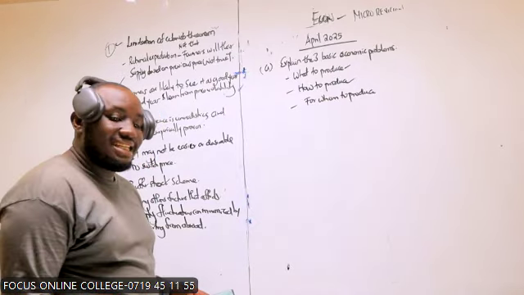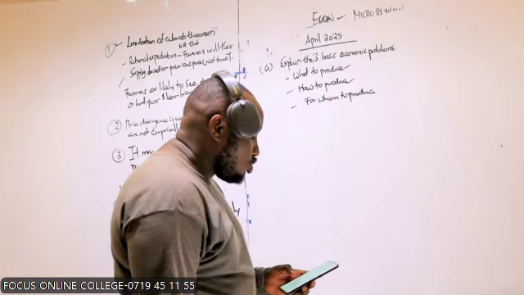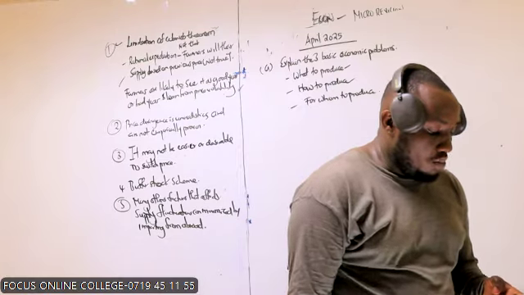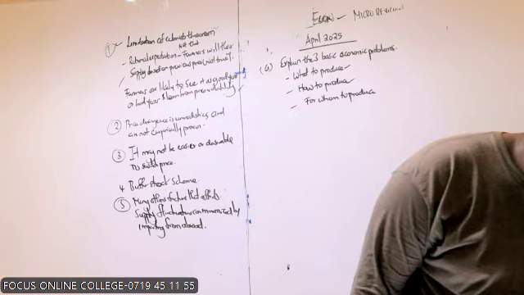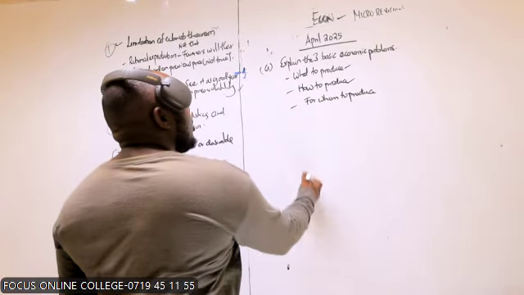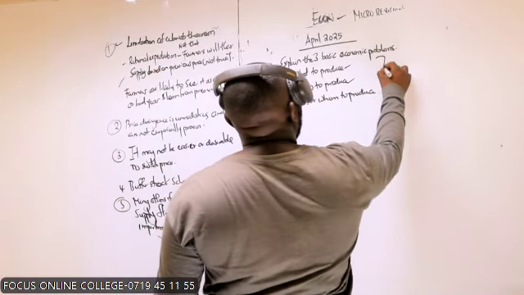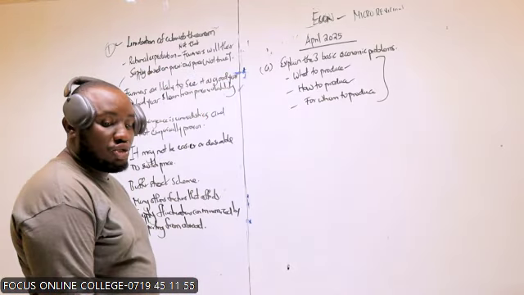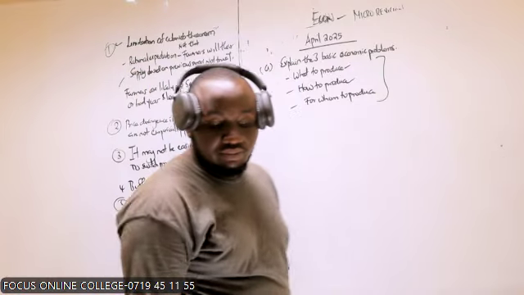Because resources are scarce, you must determine how to produce: are you going to use labor or capital? Then for whom to produce: who are you producing for? You can also add when to produce, but the first three should be what to produce, how to produce, and for whom to produce. Hiyo iko sawa?